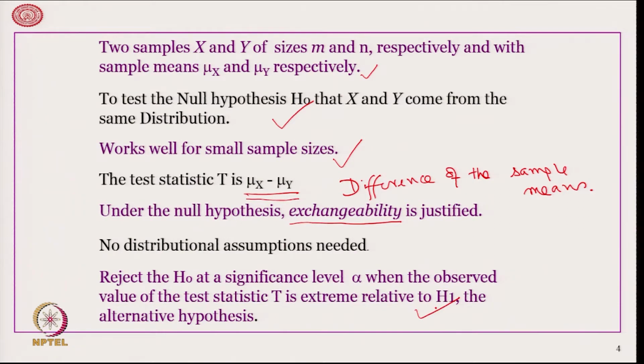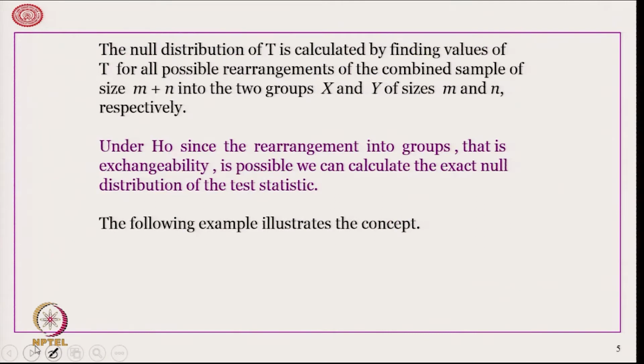Extreme means, since we are considering mu x minus mu y, if mu x minus mu y is significantly greater than 0, that means in the direction of positive, and if it is significantly less than 0, that means in the direction of the negative, then depending upon the alternative hypothesis, we will have to reject the null H naught. Now, the question is, how do we calculate the null distribution of T?